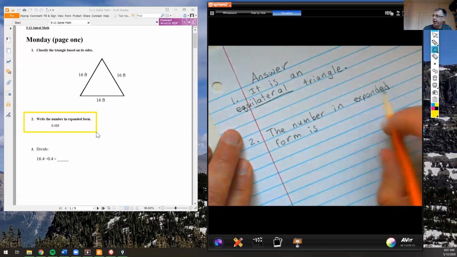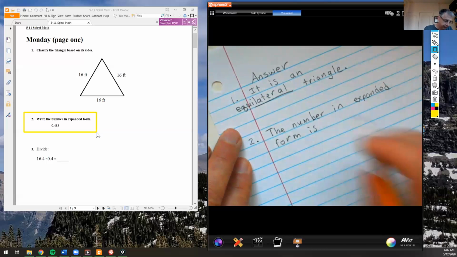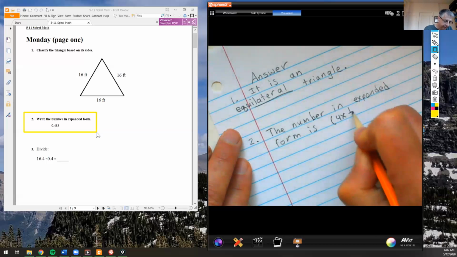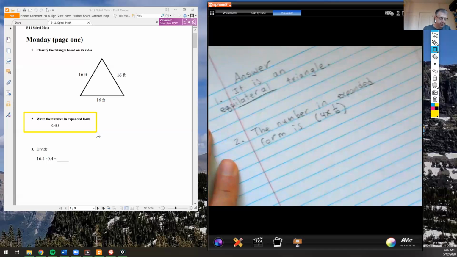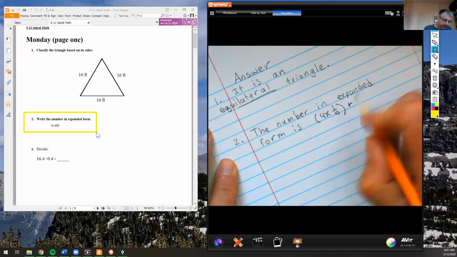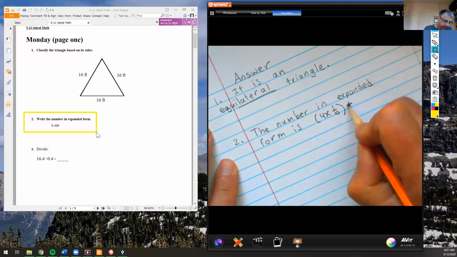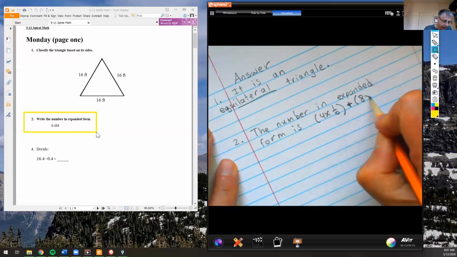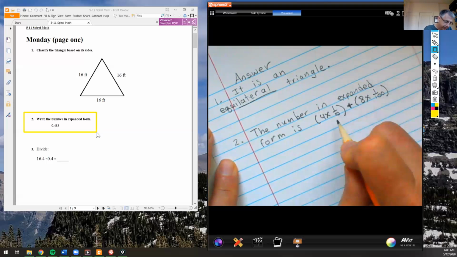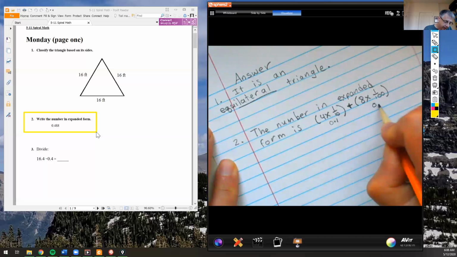So I don't have any whole numbers, so I'll start first with my decimal, which is 4/10. So I'll put 4 multiplied by 1/10 in parentheses. You can also use the decimal 0.1 if you wanted to for 1/10. Then we're going to add 8 hundredths in parentheses, 8 times 1/100, or again, the decimal equivalent, 0.01.